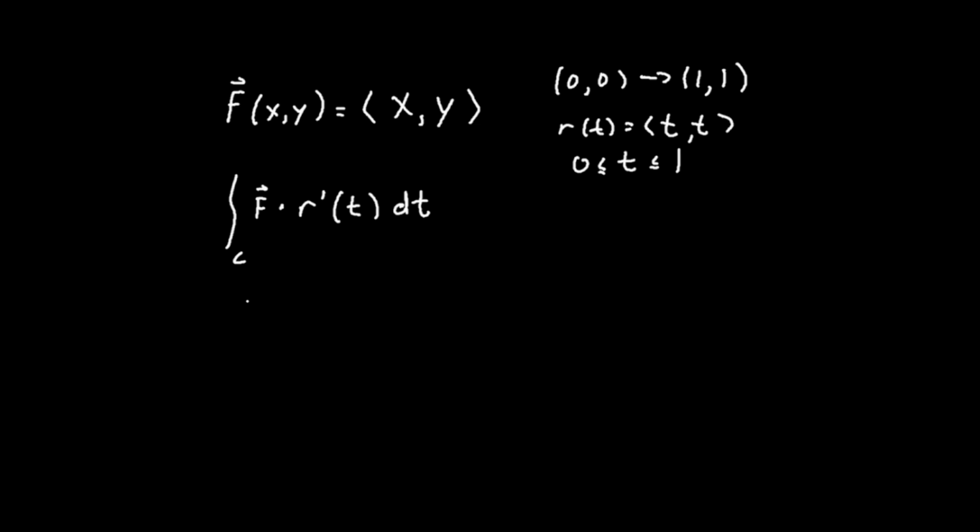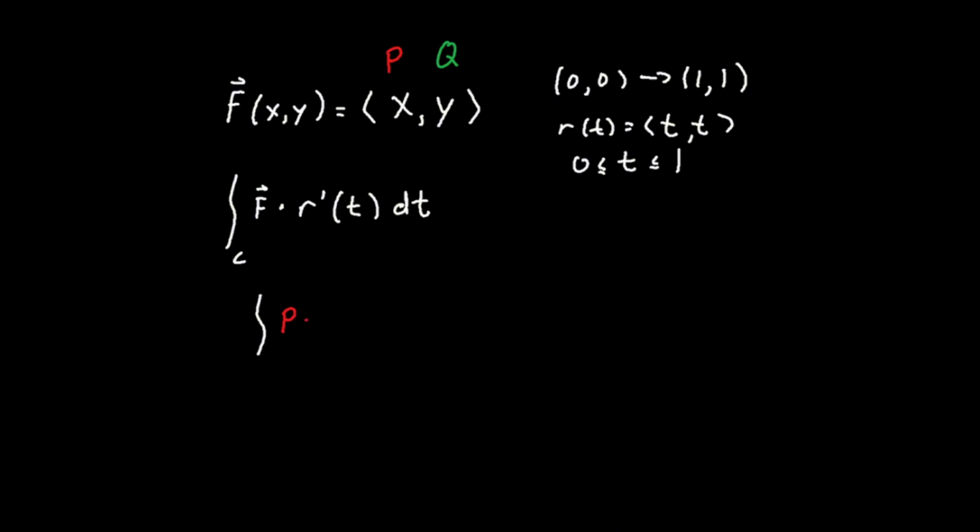All you're doing for this line integral is separating the components of your vector field. Let's change the color. Let's say this is P, and let's say this is Q, okay? Your first component of your vector field is P, your second component is Q. And you're just doing a dot product of your vector field with the derivative of your parameterization.